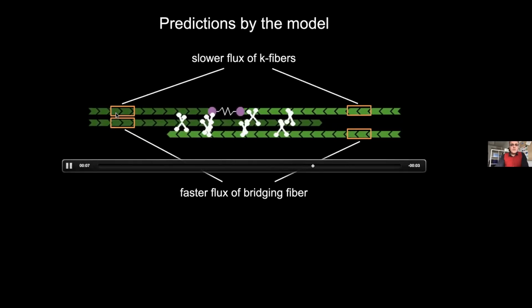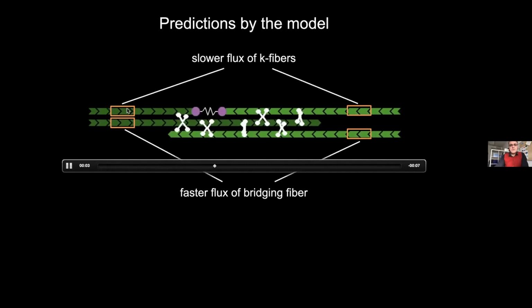If we check what happens here during this chromosome positioning, we can see that the bridging fiber and the kinetochore fiber are both undergoing polar flux. But we can also see clearly from this animation that polar flux in the bridging fiber is much faster than in the K fiber.